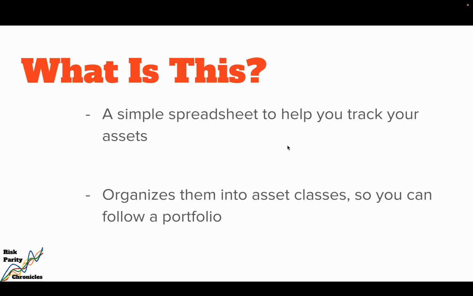Some people out there are intrigued by this idea of following a particular portfolio, but if your assets are kind of all over the place, it can be a bit tricky to know what you have and to know how far you are in terms of percentages from where you want to be. So this tool is just a really simple way to get the things together, to get them all in the same file and to organize them so you can see where you're at and where you're going.